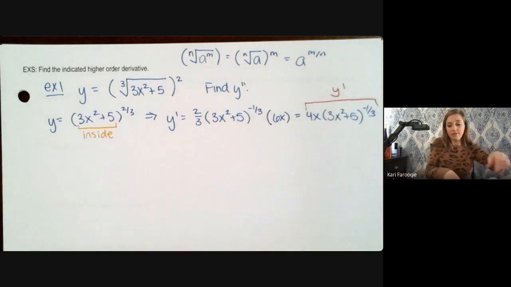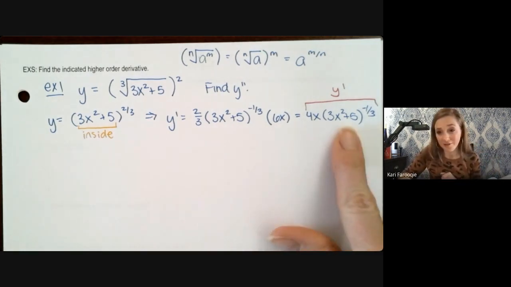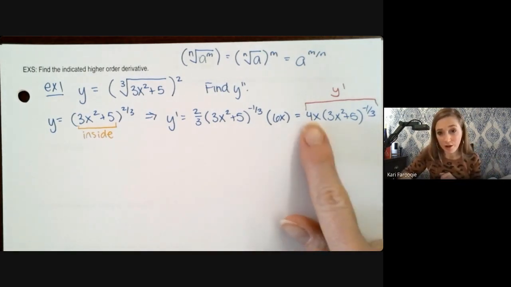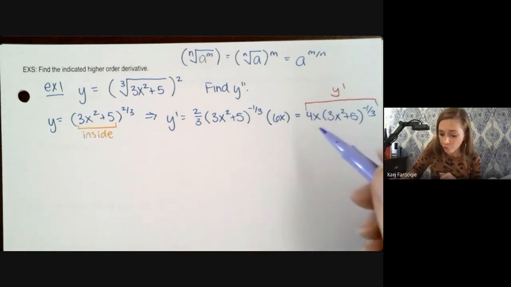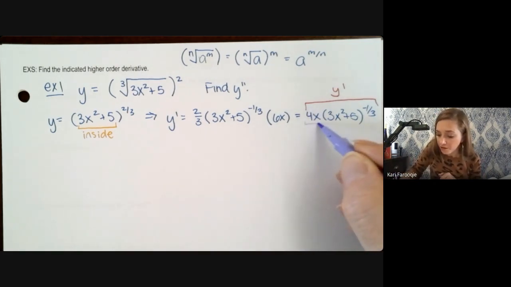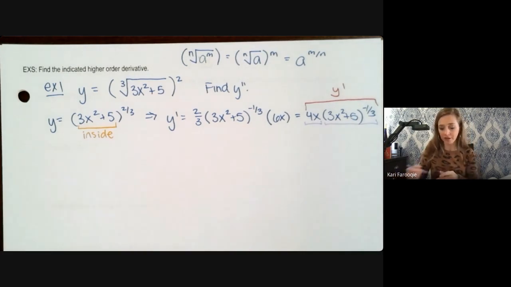In order to get y double prime, we're going to take the derivative of that function. Now, this is where students need to really understand what it is that they're looking at. Now, we still need to use the chain rule, but you actually need to use the product rule because you are multiplying some function of x by another function of x. So this needs the product rule.